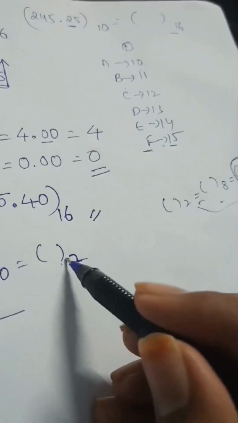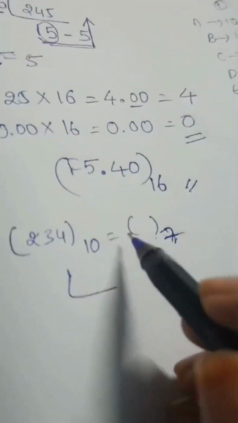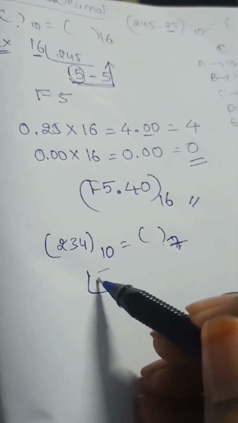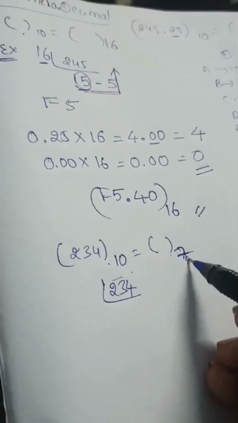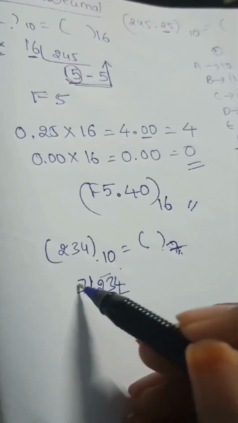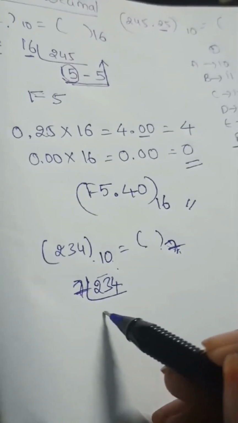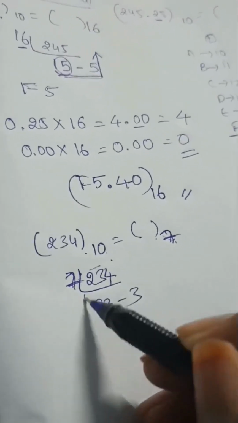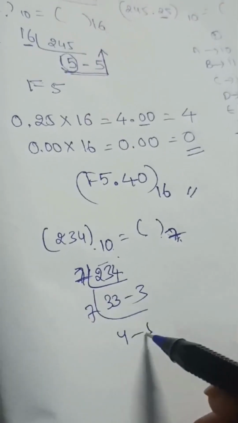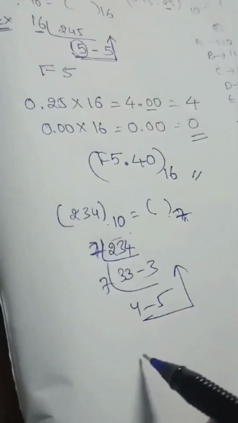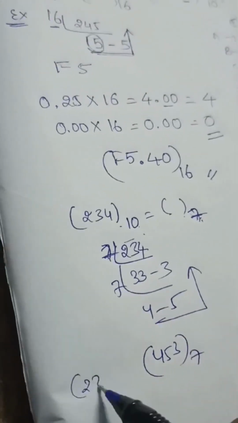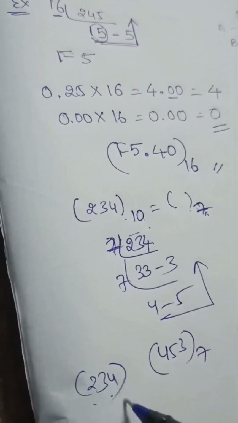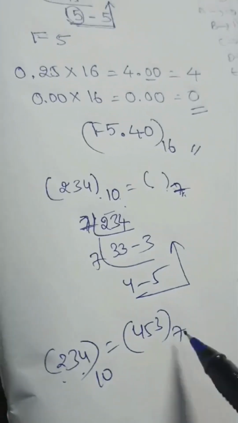So here we get only digits up to 7. We will divide by 7. The remainder is 3, 7 fours are 28, remainder 5, and then 4. So the answer is 234 to the base 10 is equal to 453 to the base 7.